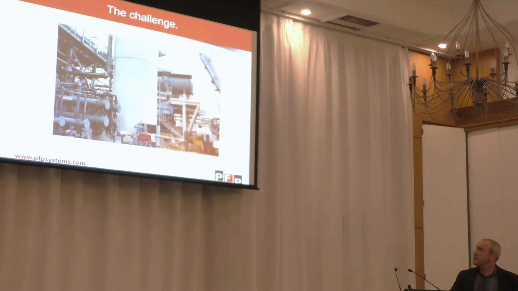So the challenge, of course, is applying these systems in a complex environment. Here's a cracking unit with a passive fire system protecting its base, and then it's got an insulation system all the way to the top.